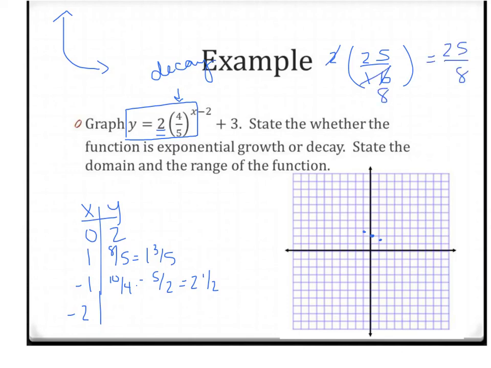So 25/8 would be, does it be 3 1/8? So -2, 3 1/8. And so, you know, they don't have to curve dramatically, but we do need to shift this one. This one is going to shift right 2, up 3. So each one of these needs to go right 2, up 3.